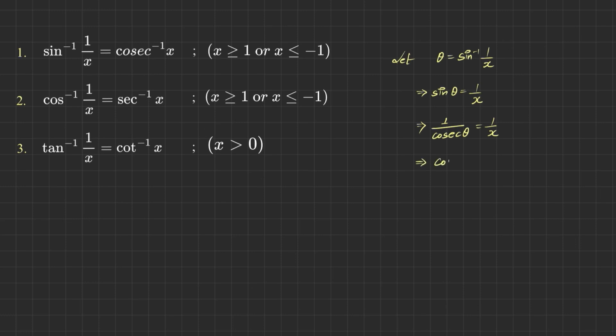So that means cosec theta equals x. This implies theta equals cosec inverse of x. And since theta was sine inverse of 1 by x, it equals cosec inverse of x. So hence the property number 1.